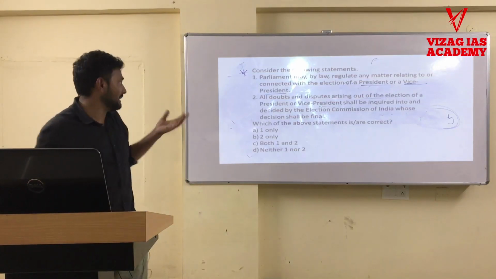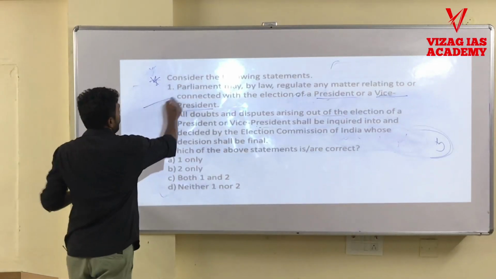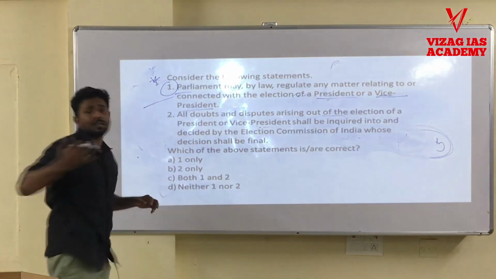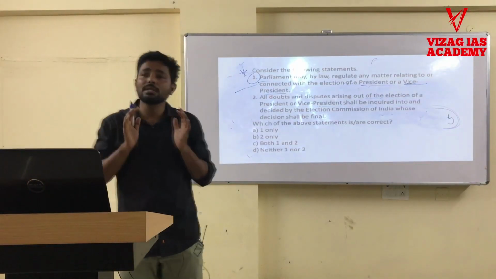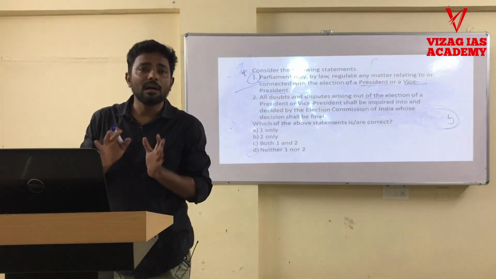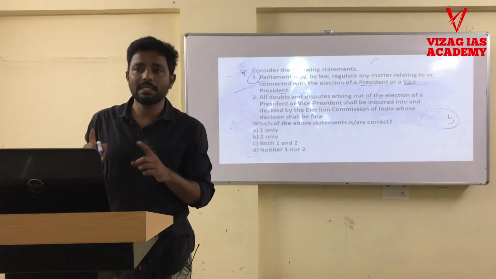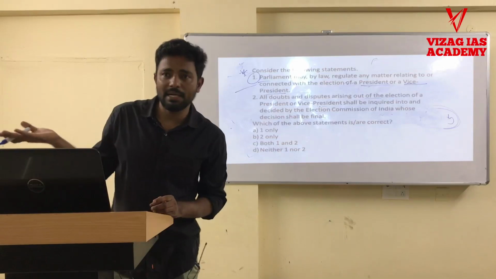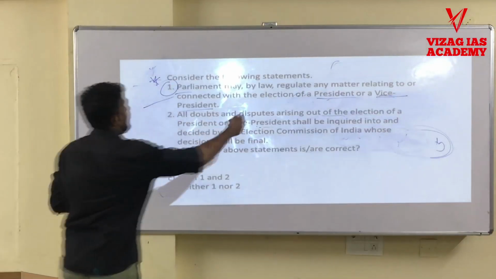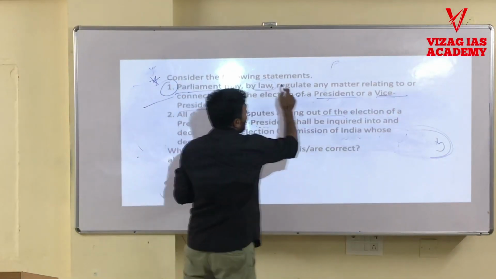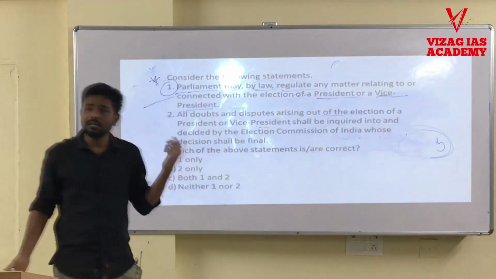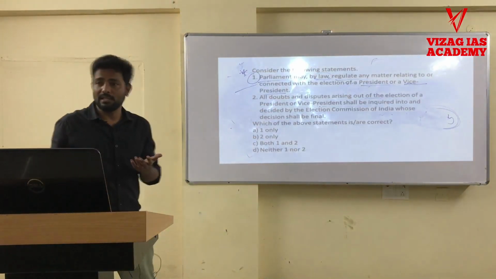It is the people's representatives who constitute the parliament. That's why they have the sole authority, as long as those amendments or changes are within the purview of the constitution, the basic structure. As long as they fall under the basic structure doctrine, parliament can amend anything. So through law, it can regulate any matter, not just elections.